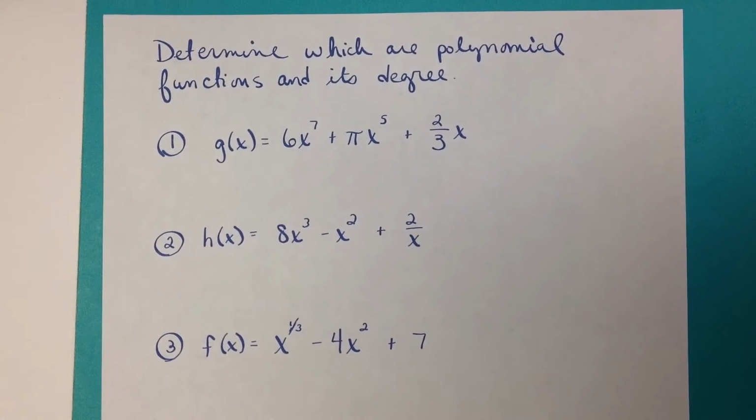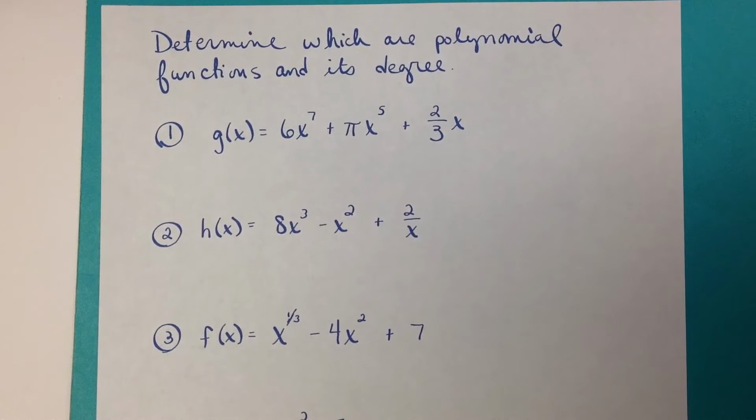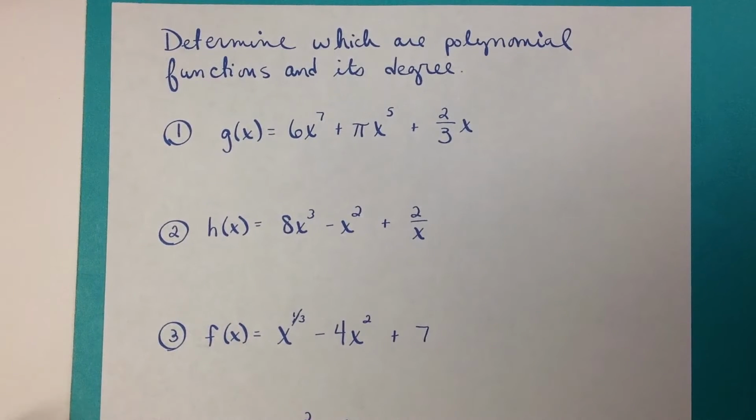Here we're asked to determine which of these are polynomial functions and what is the degree of each. There are a couple of things that you look for to let you know for sure that it's not a polynomial.